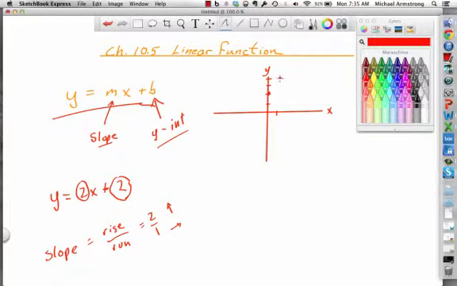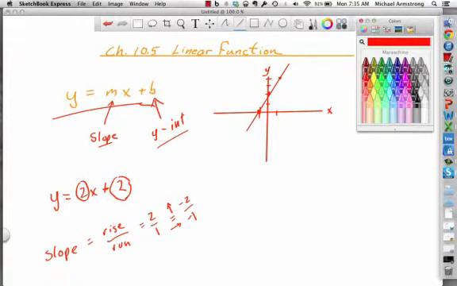Like that. You can also do the opposite, which would be negative 2 over negative 1, and you know these are equal. So that would be down 2, and a negative rise would be down, and a negative run would be in a negative direction this way. So you'd have a point here, and your points would form a line, like so. And this is a great way to graph a line or a linear function.